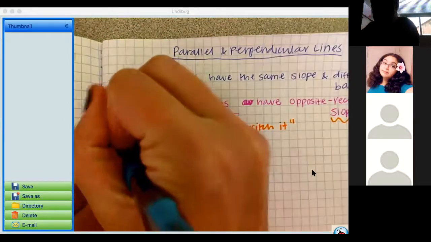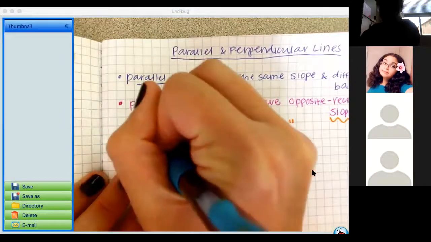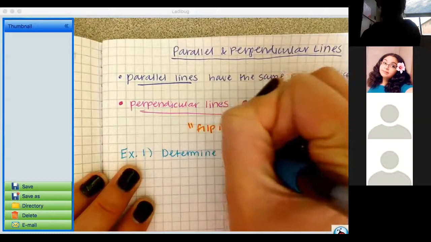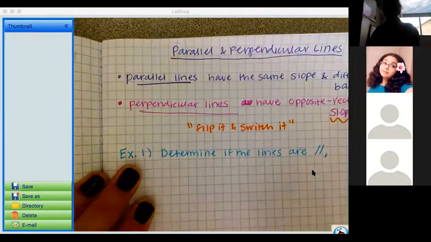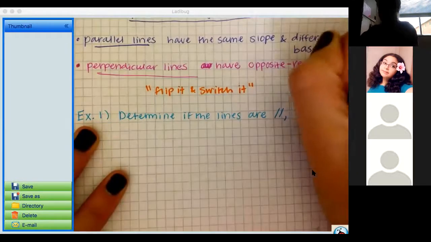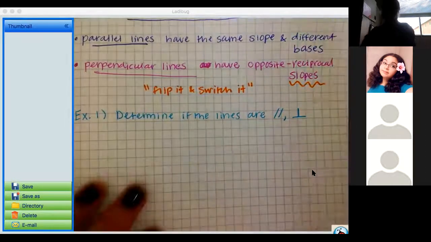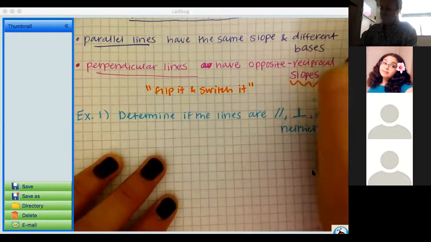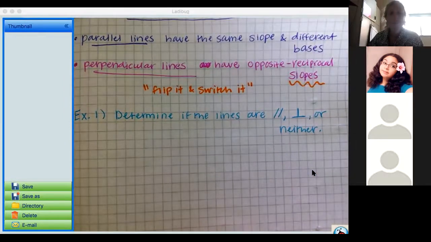All right. Example 1. Determine if the lines are, what does that symbol mean? Parallel. What does this symbol mean? That's perpendicular. Good, because it looks like a cross, right? Or neither. There are some of these on your homework, so I'm going to do a couple of these in your notes so you feel good, okay?